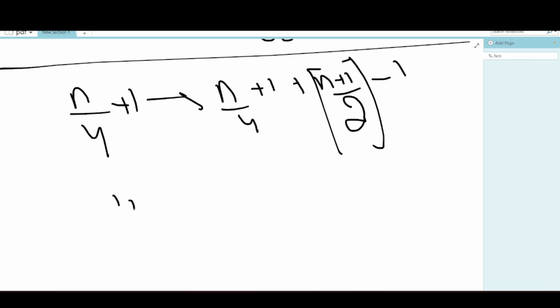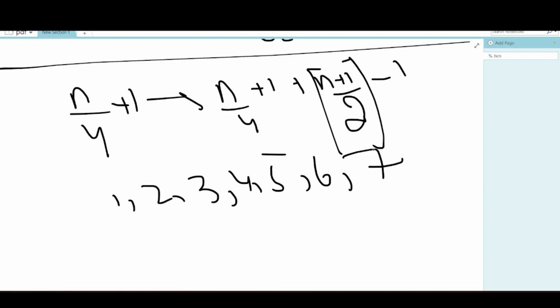For example, let's take the example of 7, 4, 5, 6 and 7. So n by 4 plus 1 will give me the starting value as 3. Now from 3 I need only 1, 2, 3. So 3 jumps. So n by 4 plus 1, and this ceil value will give me 4. So 4 minus 1 will give me 3. So that's why this minus 1 is there.